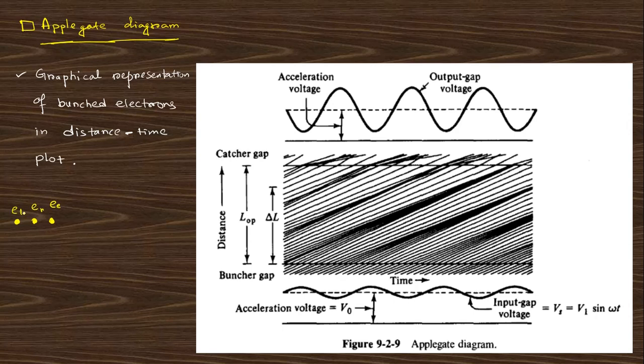These reach that point at the same time. So, the velocity of the later electron is greater than the velocity of the reference electron, which is greater than the velocity of the early electron.